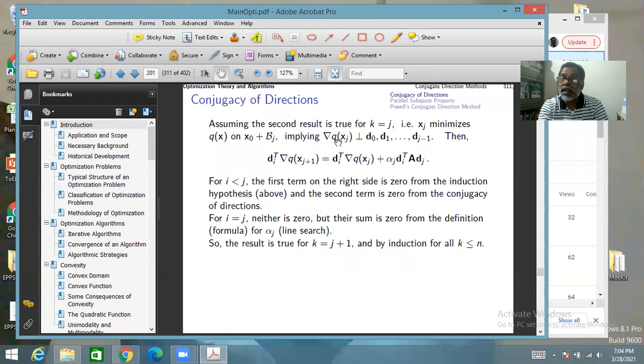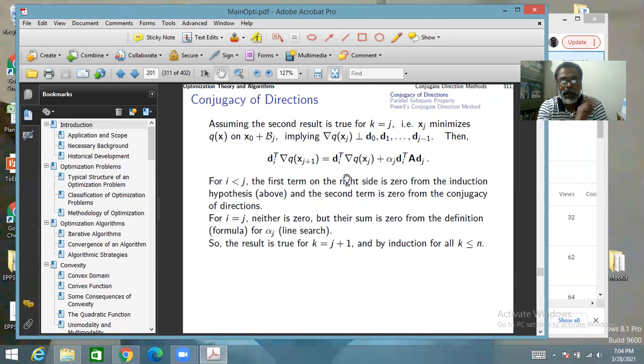That means this gradient is orthogonal to each of these directions. Then for the next step, you again impose this, and now you have this similar sum.